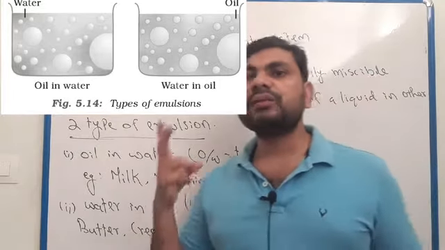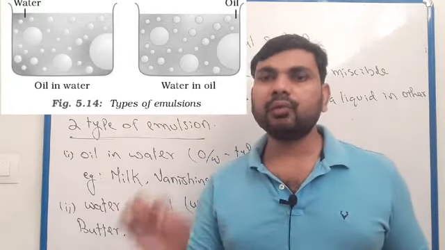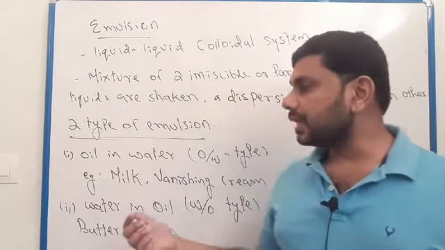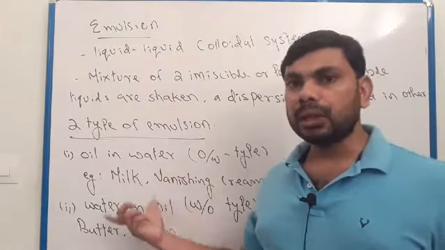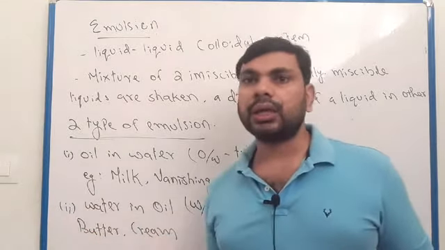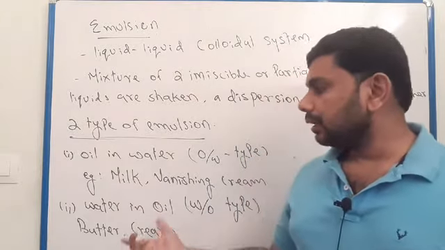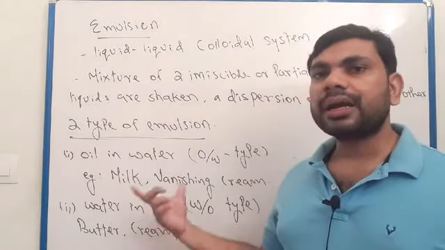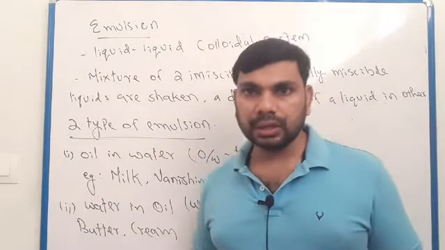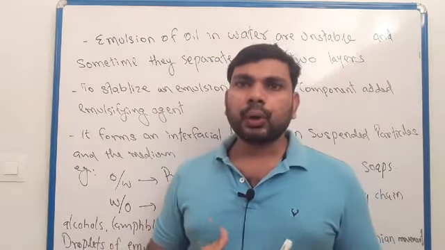There are two different types of emulsion: oil in water, dispersed medium water, examples vanishing cream, milk. Another type, water in oil, dispersed medium oil, examples butter, cream. Clear?